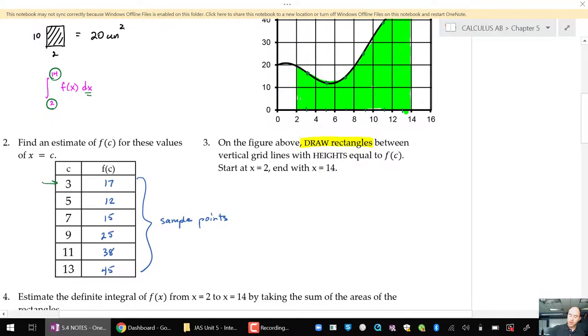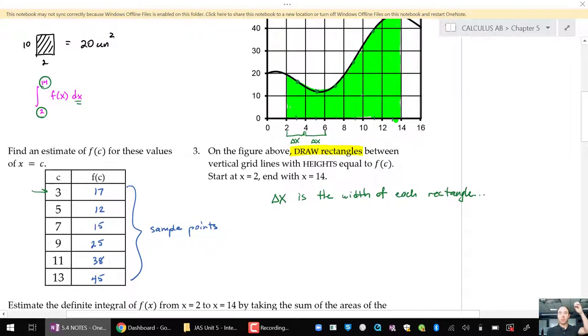And by the way, this delta x notation that we're going to see in a little bit, delta x is the width of each rectangle. So in my diagram here, I'm going to let delta x be 2. So there's one delta x from 2 to 4. Another rectangle's width would fit between 4 and 6, and so forth, all the way across until I get to x equals 14. Delta x represents the width of the rectangle.